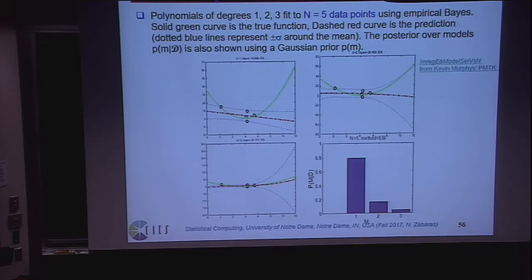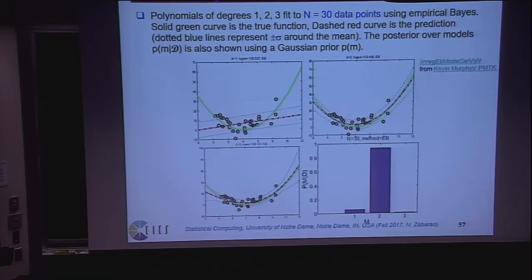So this plots the marginal likelihood for different complexity models, and obviously we said you have to select the one that has the highest marginal likelihood or posterior over models. So in this case, M equal to 1. Now if you put a few more, or many more data points, it says, you know what? M equal to 2 is better. Okay? M equal to 2.